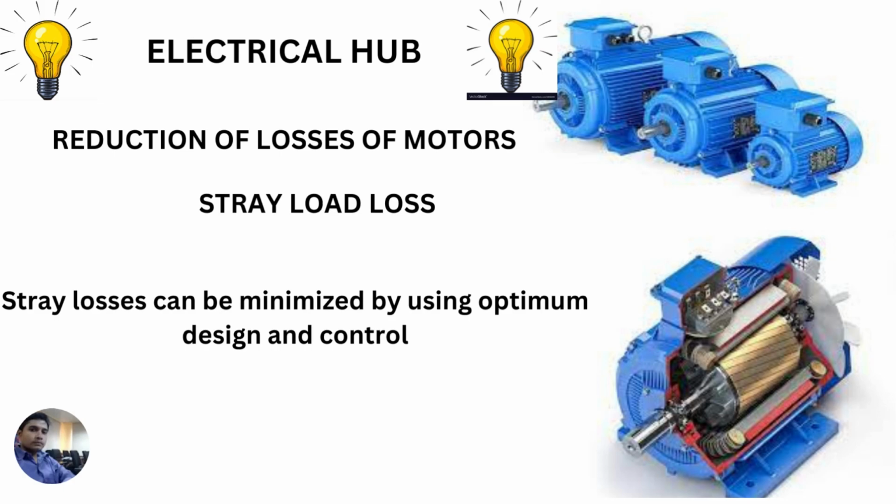Since we are using the optimum design for the energy efficient motor, stray loss will also be minimized, but according to the IEC standard, we will consider it as 0.5% only.